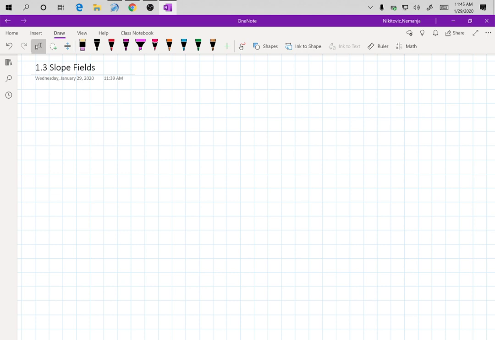Before that, we are going to talk about slope fields first. This is something that you may or may not cover in Calculus 2, depending on who's teaching it. It's optional, and slope fields are a graphical way to solve a differential equation.